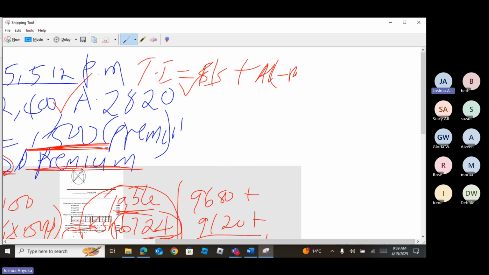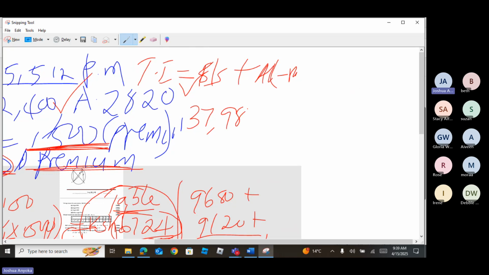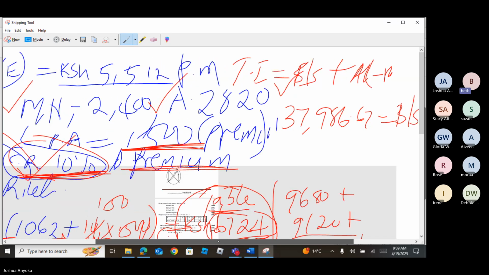Taxable income in this case tumepata ni 37,986.67. This equals to basic salary yenye hatuchui, si ndio? Yes. Plus allowances. The first allowance is what? 10,000.